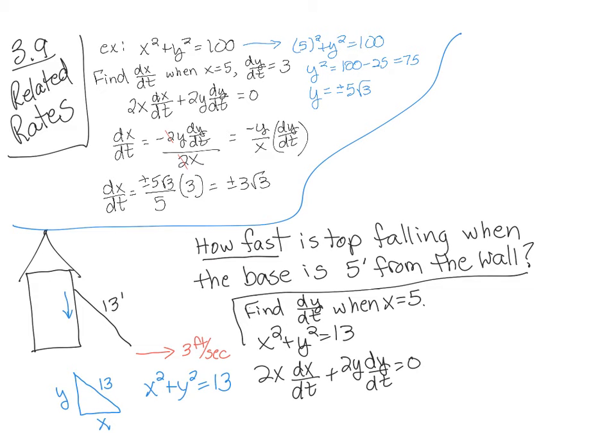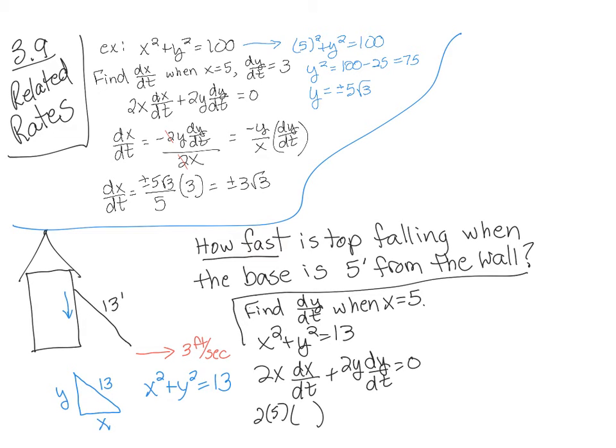Now, we're told that x is 5. Sorry, plugging in what we know here. 2 times 5 times dx dt. What is dx dt? Well, the base of the ladder, we're told, is being pulled away. So that's how fast x is changing, 3 feet per second.